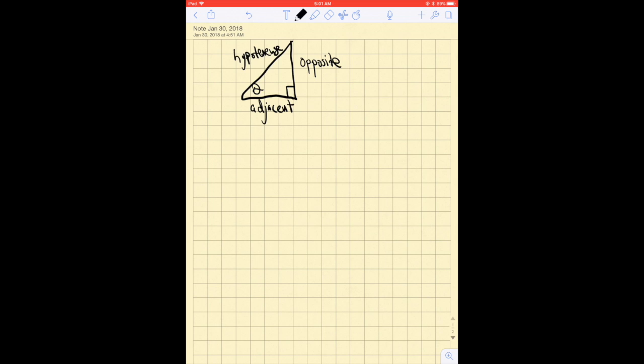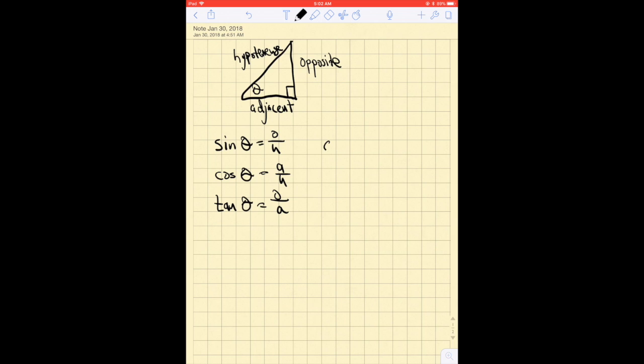Real quick, sine of theta is equal to opposite over hypotenuse, cosine of theta is equal to adjacent over hypotenuse, and tangent of theta is equal to opposite over adjacent. And the other three were the inverses of these.